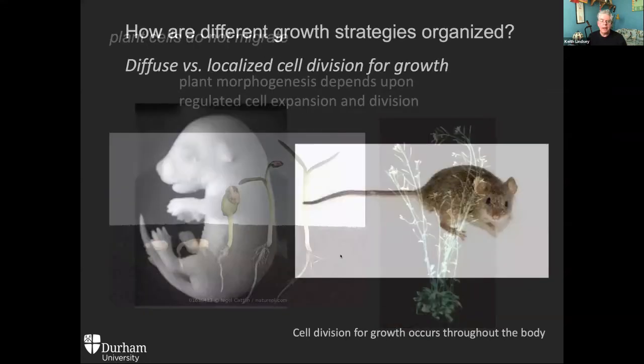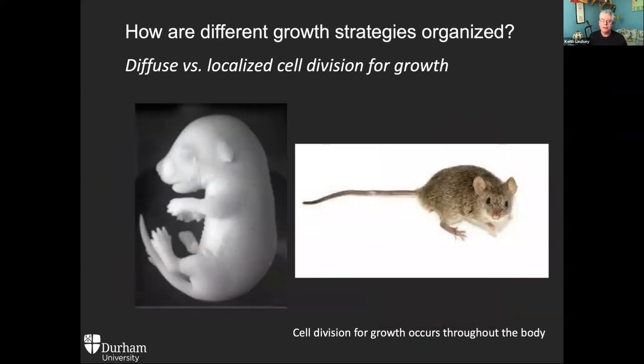Now, in animals, cell division occurs in a different way to the way it occurs in plants, and it occurs in a so-called diffuse way. So cells divide throughout the three-dimensional structure that is a developing embryo and ultimately a little mouse. And cell expansion doesn't really contribute to growth in the same way that it does in plants.